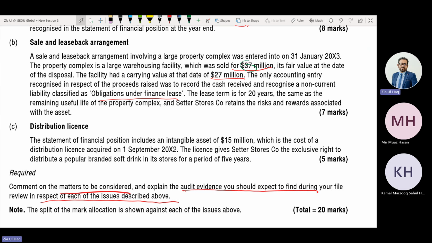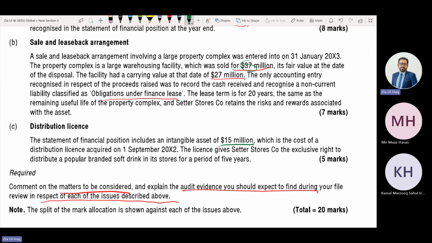It is related to IAS 38, and the cost measurement should be in line with the IAS 38 principle. Meaning that the assumptions used to recognize the development cost have to meet the criteria. The statement of financial position includes an intangible asset of 15 million.